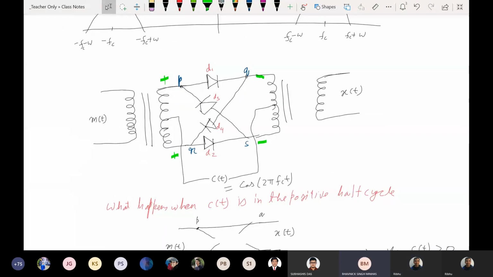Sir, while biasing these diodes, why won't MT affect it? We generally assume that CT is much larger than MT. Oh, okay, so the approximate effect of MT is lost.